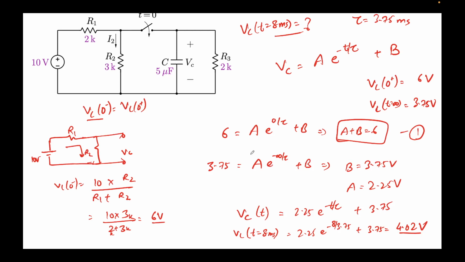So if this is 6 volts, a plus b equal to 6 at time t equal to 0, and at time t equal to infinity only b will remain, so the value of b is coming out to be 3.75.